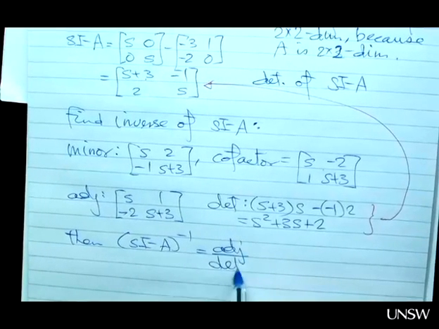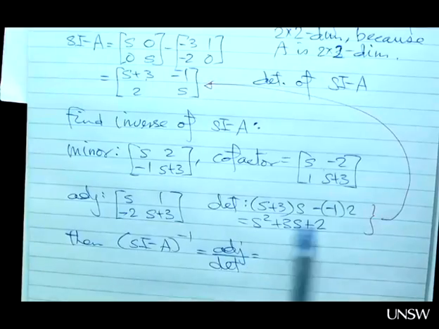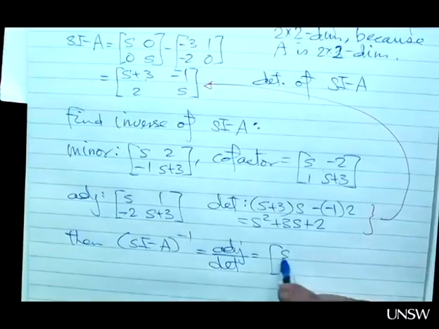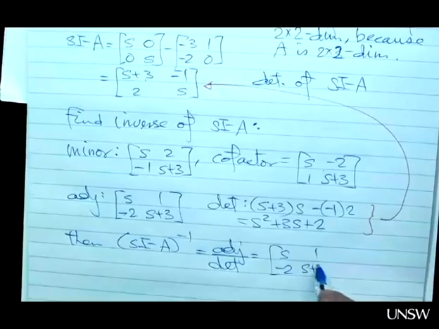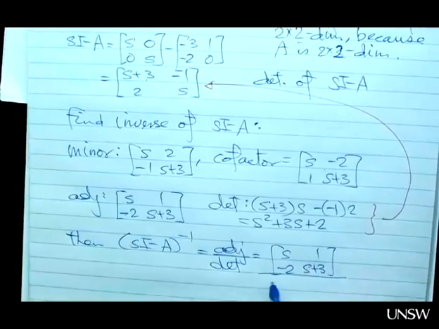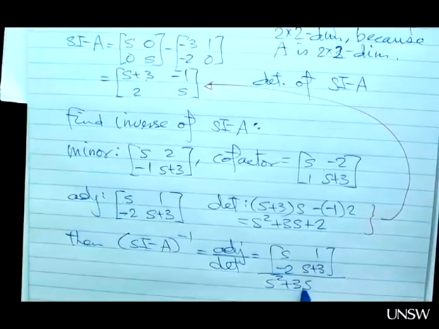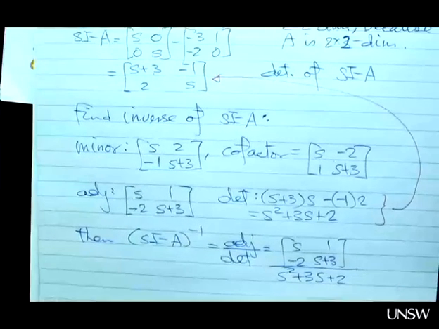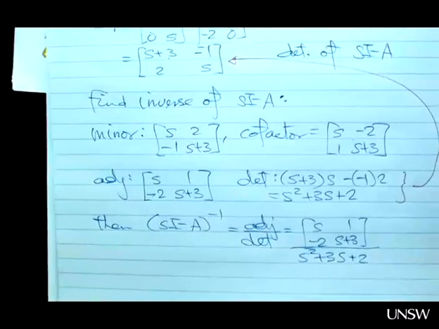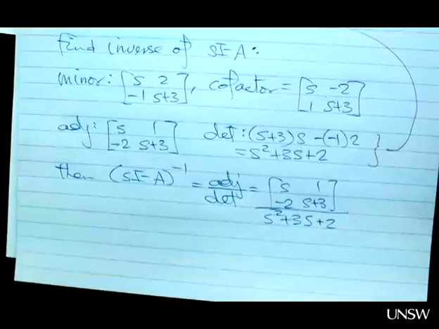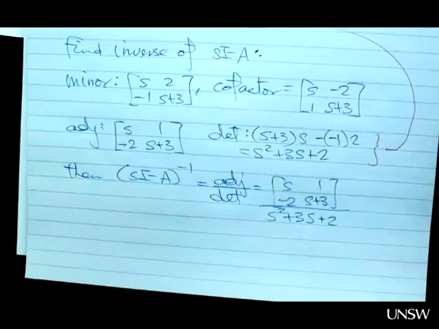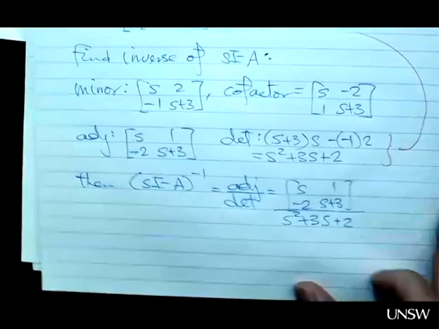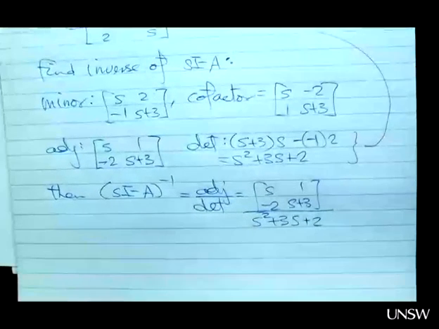So the adjoint is s minus 2, 1, s plus 3, and then divided by s squared plus 3s plus 2. Okay, any question up to here? Is that okay?